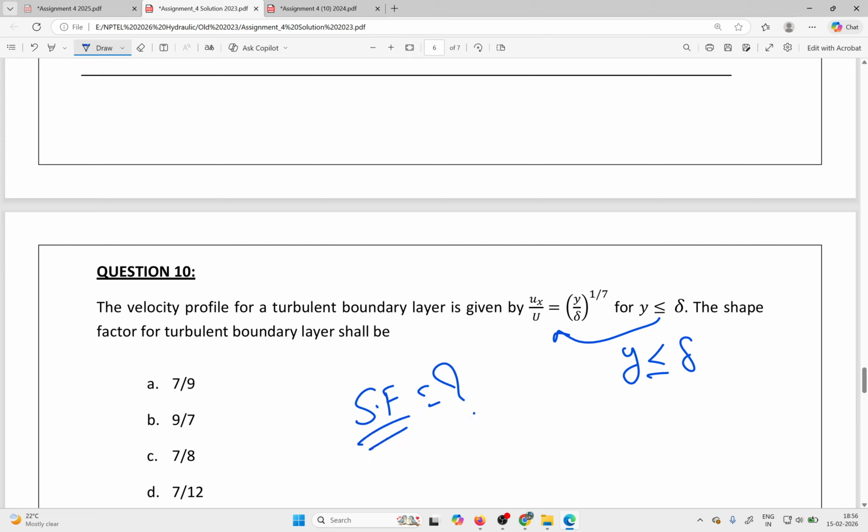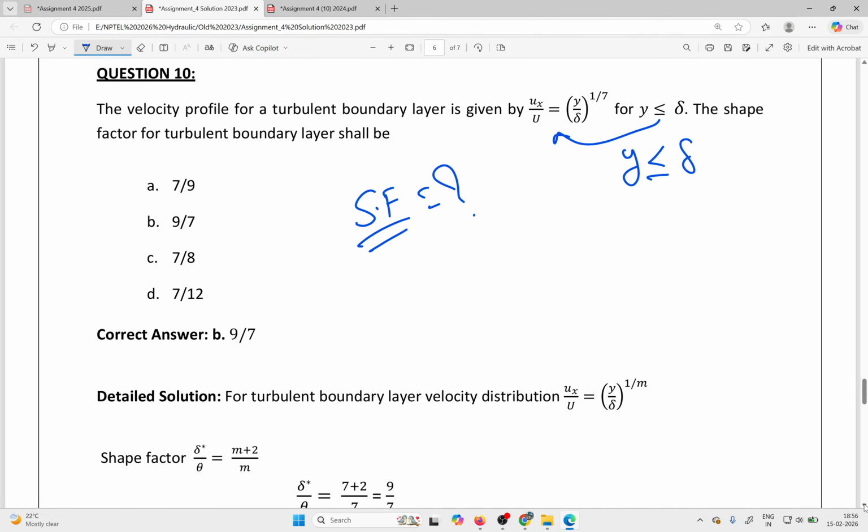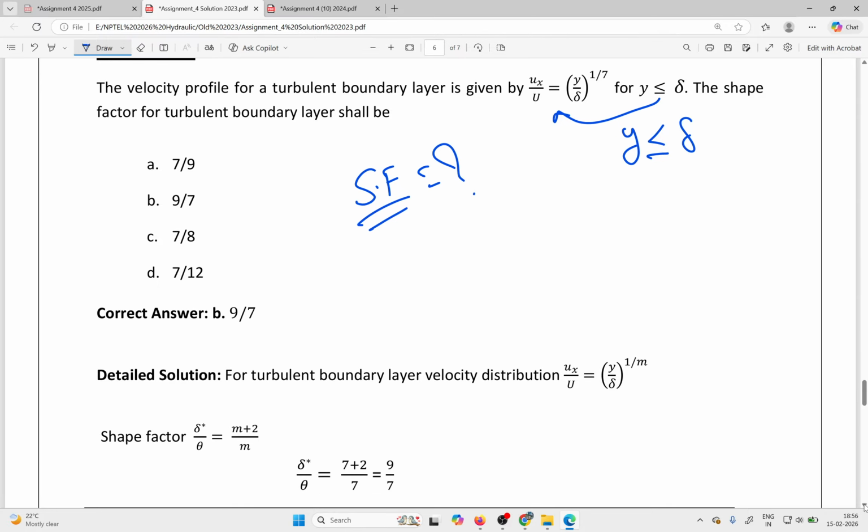And what is shape factor? Might be this is a new term, so I'll not wait here. I'll just move on to the final answer. Let me just show you the formula. Shape factor is nothing but delta star by theta, which is m plus 2 divided by m.